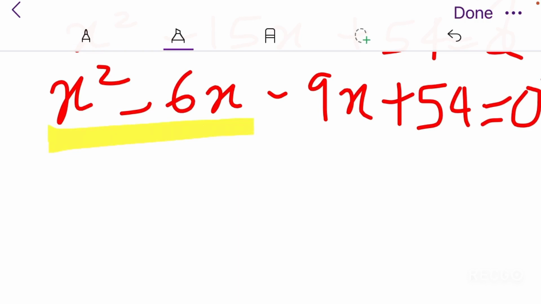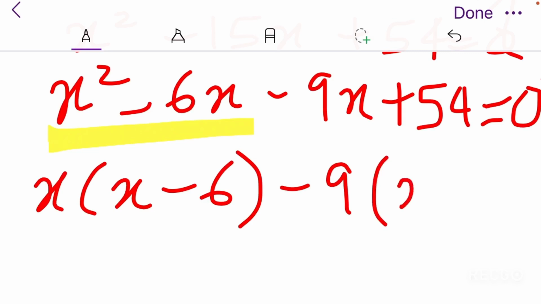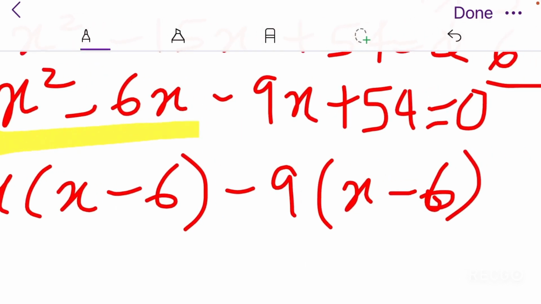We can take x as common. So x square gives x remaining, and we get minus 6. Over here we will take minus 9 common, so we are left with x minus 6, because 9 times 6 is 54, which is equal to 0.